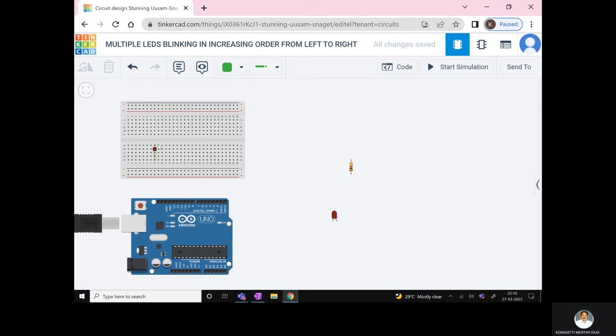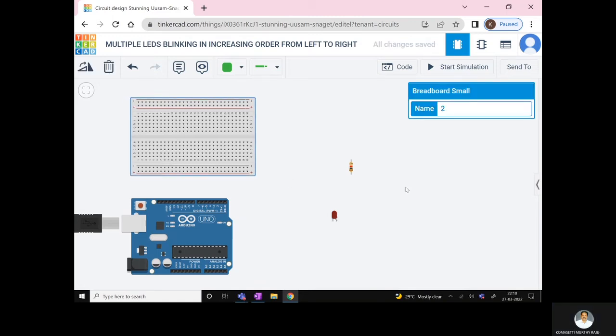So this one. You have to change this value from 1 kilo ohm; 220 ohms are used here.